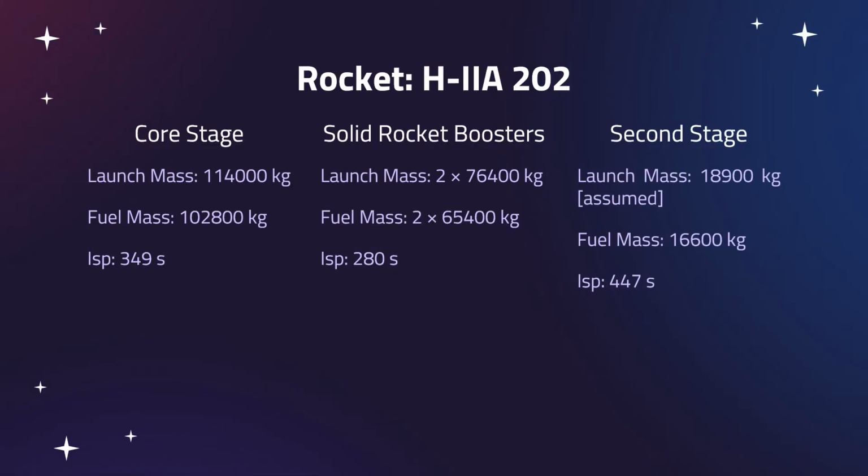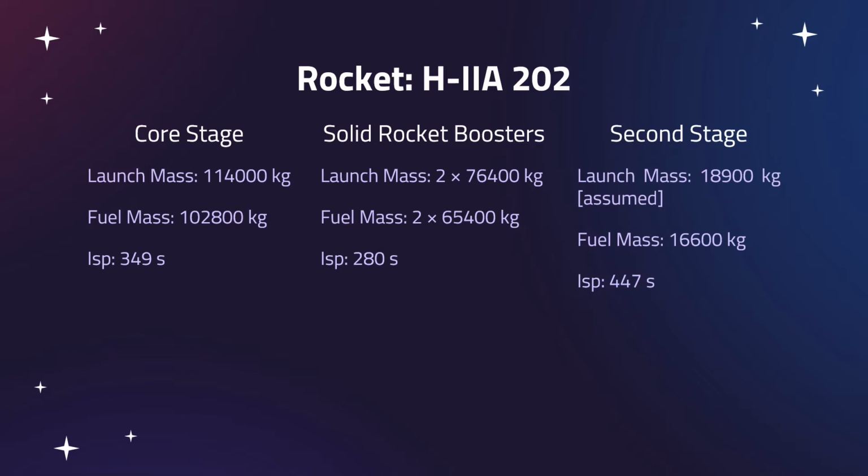The spacecraft is attached to the H2A202 rocket. The core stage has a launch mass of 114,000 kg with a fuel mass of 102,800 kg. The specific impulse is 349 seconds.